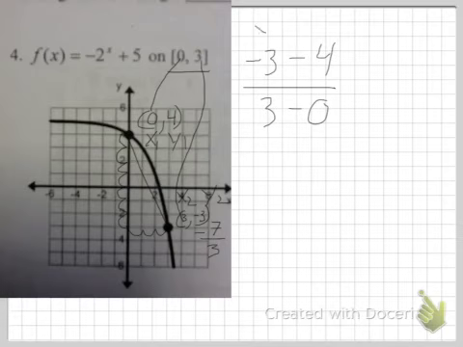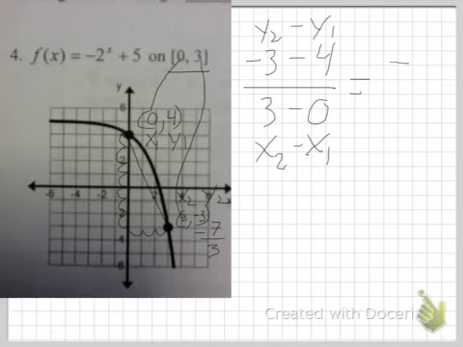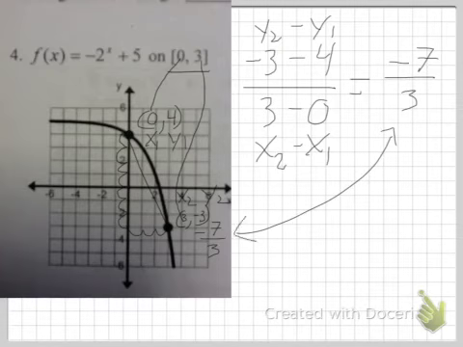Just y2 minus y1 over x2 minus x1. So that gives us negative 7 on the top. That is a 3, not a 7. Negative 7 on the top over 3, which is what we had down here as well. They match. Cool beans.